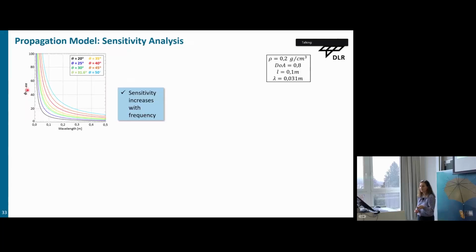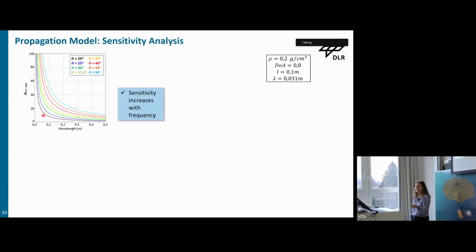If you change your wavelength, because this was the main parameter we saw before that is important for the model, you see that increasing the wavelength also increases the sensitivity, because the sensitivity becomes much stronger here. The colored lines are the different incidence angles, and the result is a little bit different depending on the incidence angle.